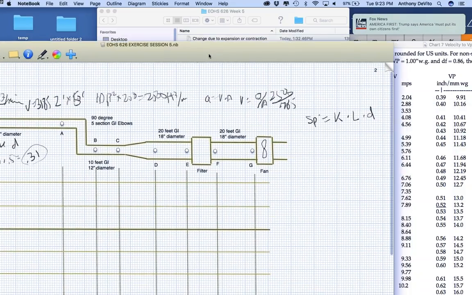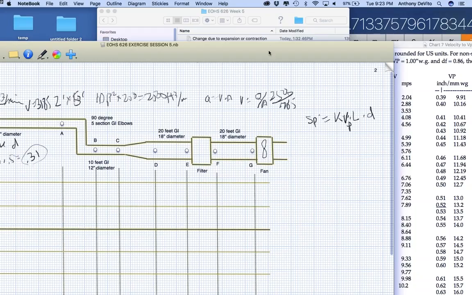K times the velocity pressure times the length, because we still need to find the actual pressure loss.